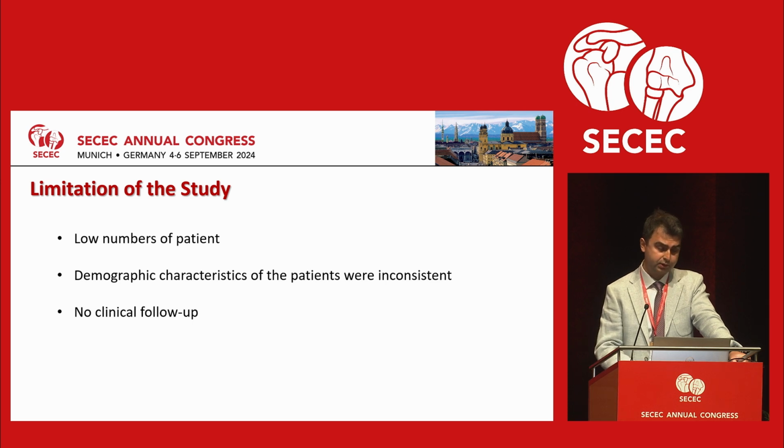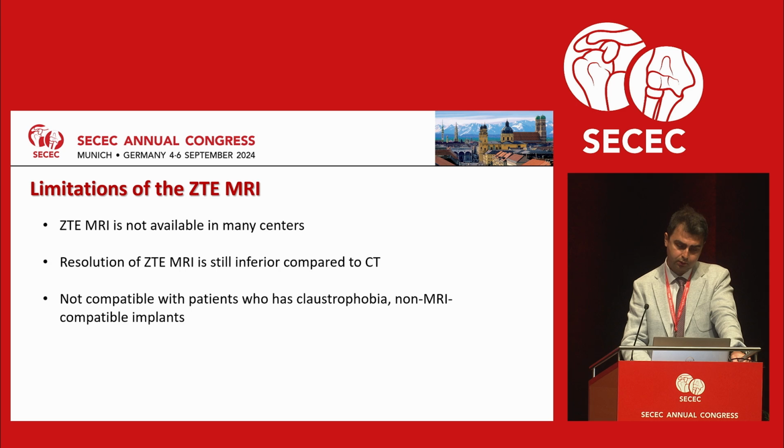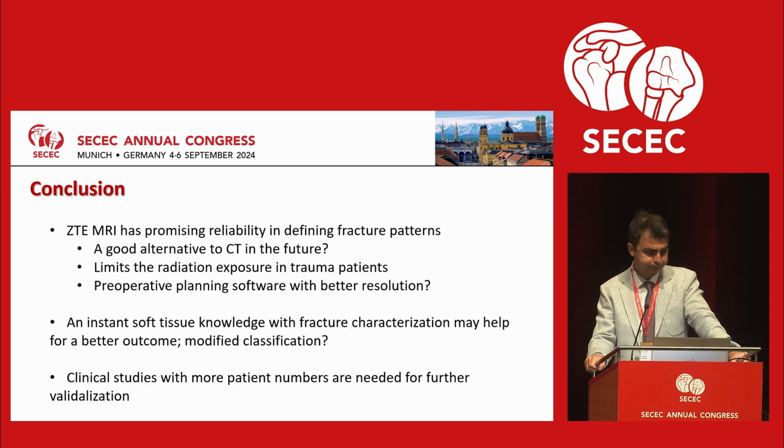And of course, this is just a radiological study. We had no clinical follow-up. And other limitations of zero-TE MRI are that it's not available in many centers, the resolution is still inferior compared to CT, and some patients are not compatible with MRI, of course.